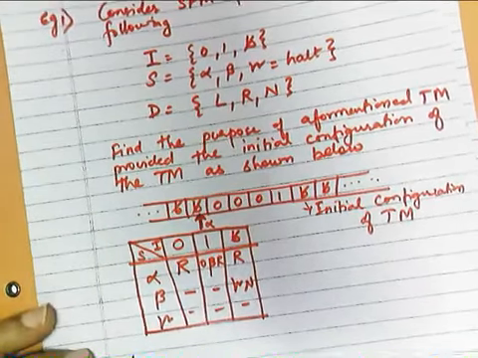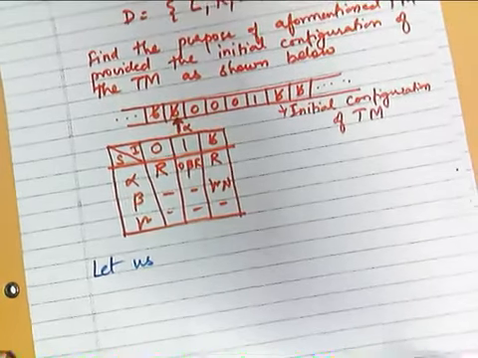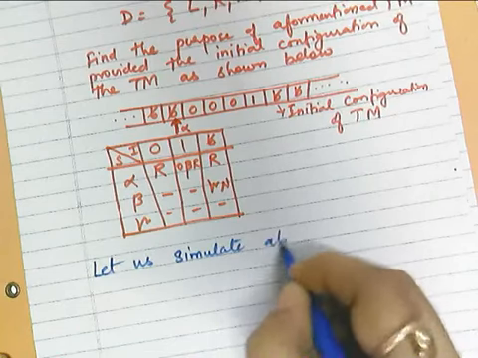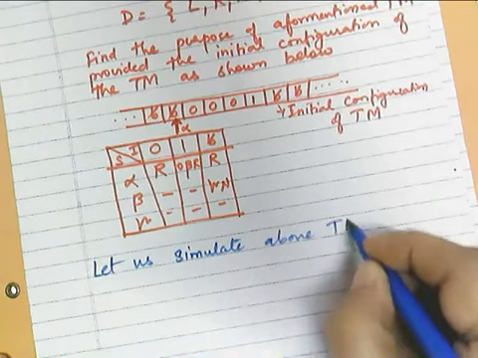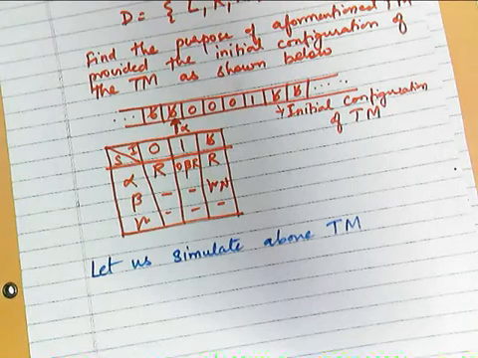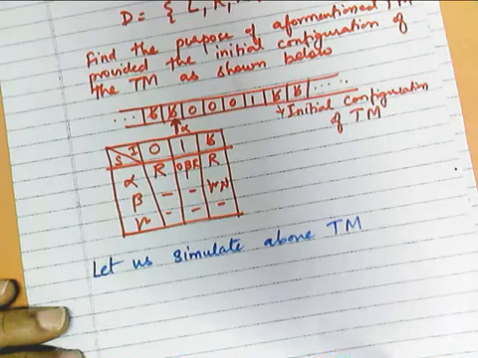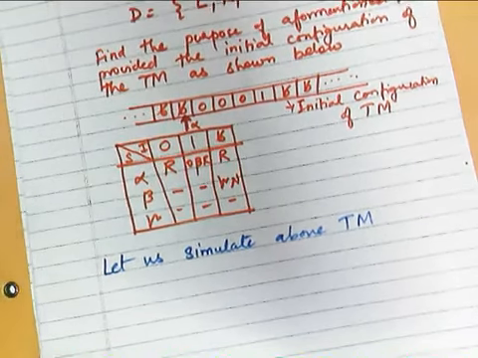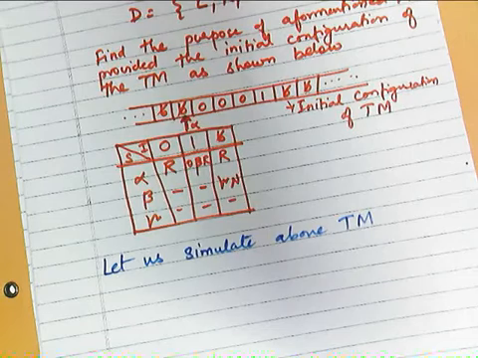So let us simulate the above TM. What do we mean by simulating the given TM? Simulation of a given TM is represented by how the moves happen in the TM on the current ID.